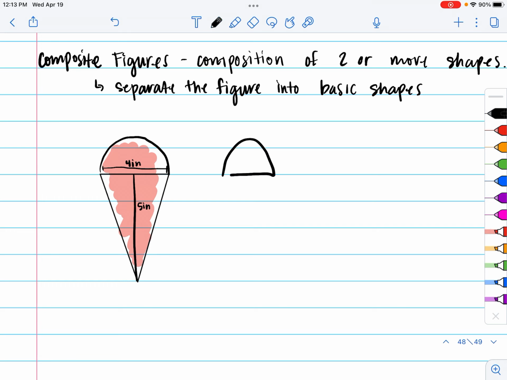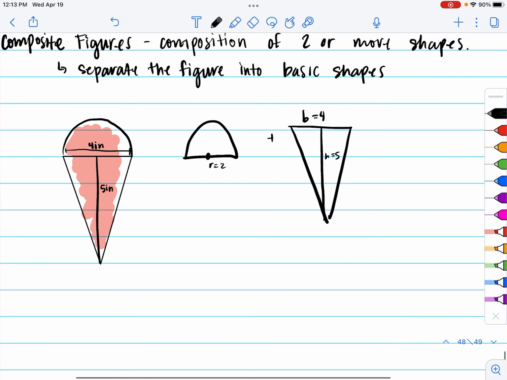We have a half circle that has a radius of 2. R is equal to 2, because the diameter is 4. And then we also have the triangle. And we also know that the base is equal to 4 and the height is equal to 5.